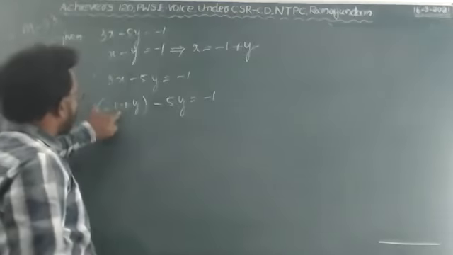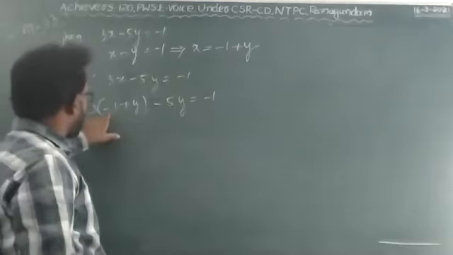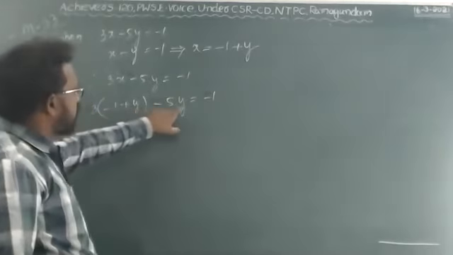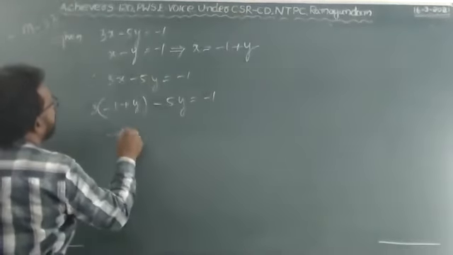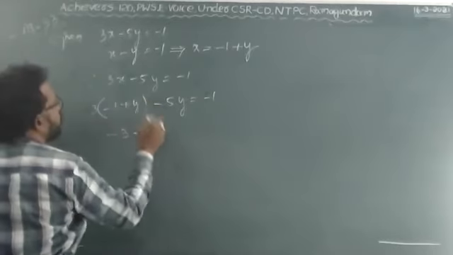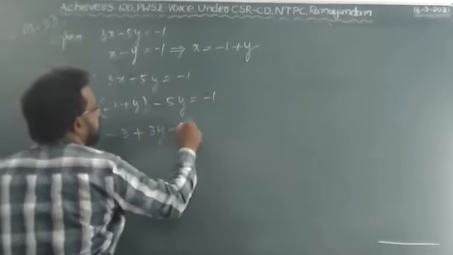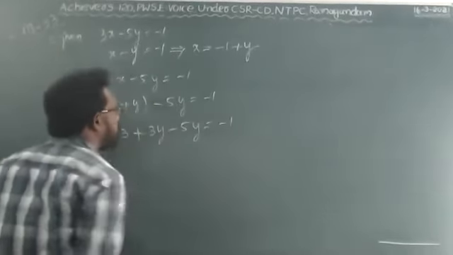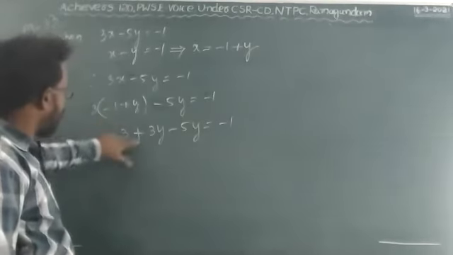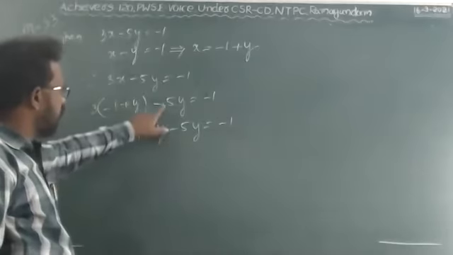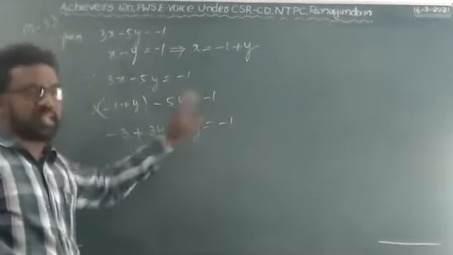In the place of x only I took this value. That's it. 3 into minus 1 is minus 3, plus 3 into y is 3y, minus 5y is equal to minus 1.